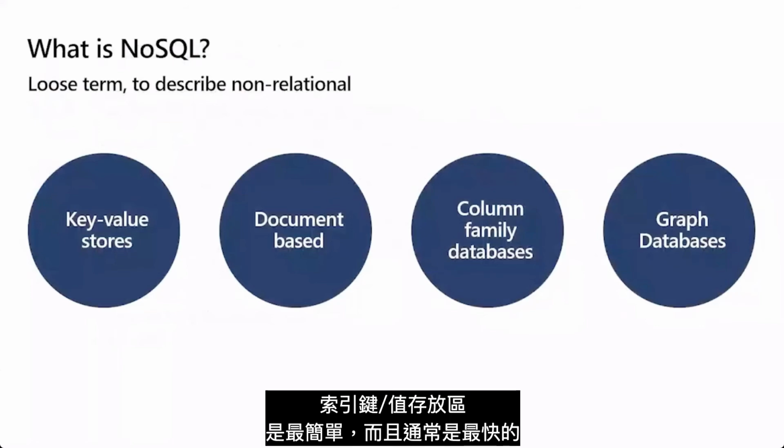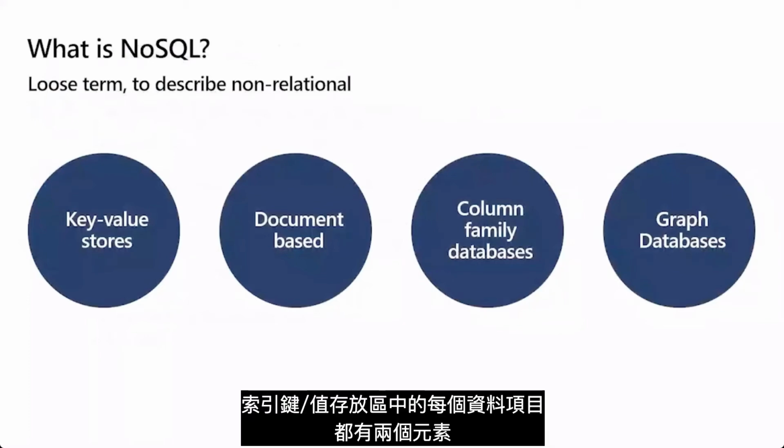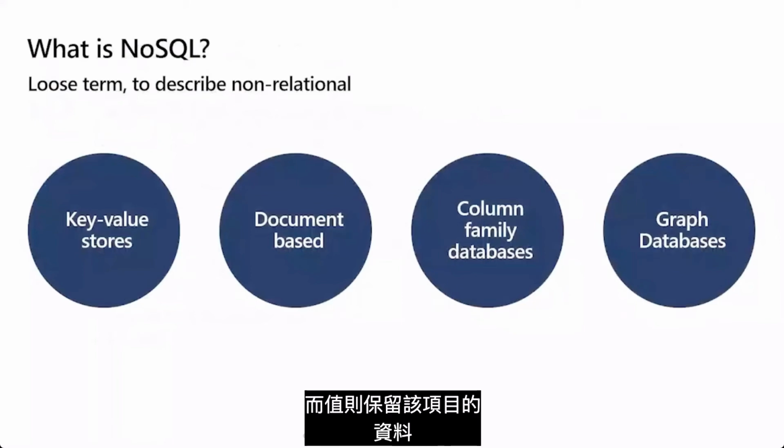Now, a key value store is the simplest and often quickest type of NoSQL database for inserting and querying data. Each data item in the key value store has two elements: a key and a value. The key uniquely identifies the item, and the value holds the data for that item.